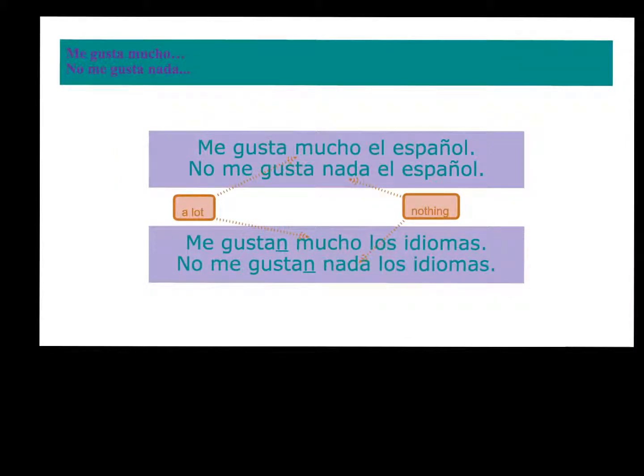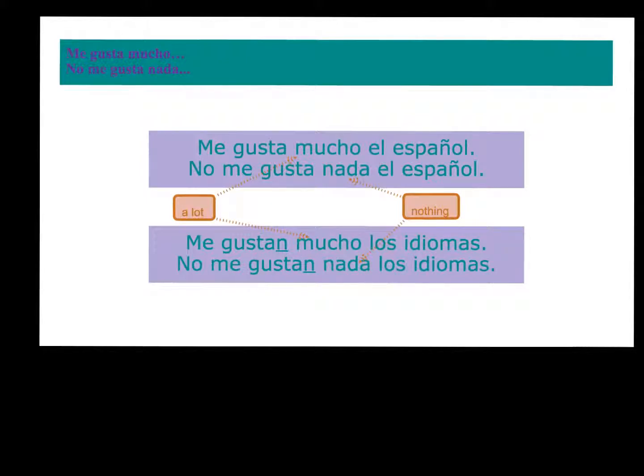And finally today, two ways of refining slightly our statement. We can use the word mucho in front of me gusta to make a positive statement even more positive and say, I like Spanish a lot. Me gusta mucho el español.